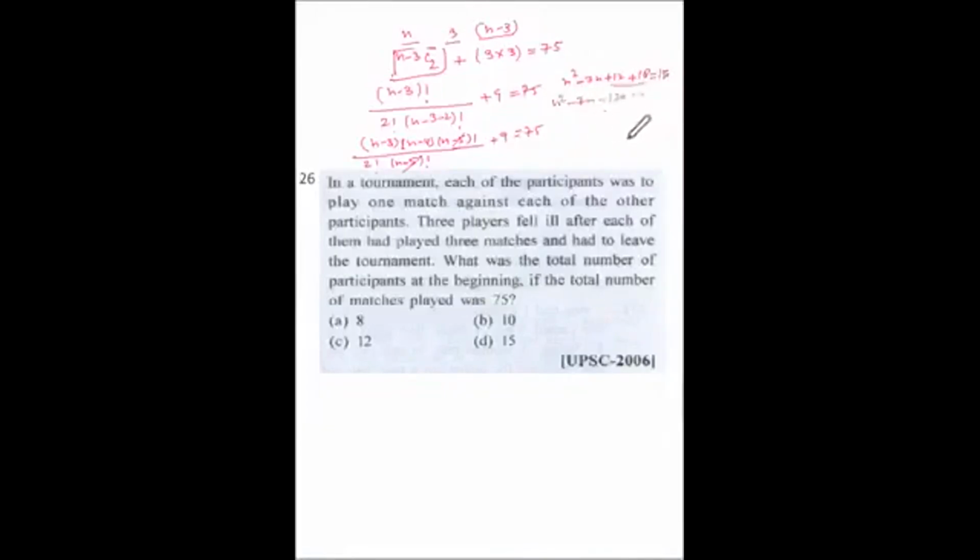So 15 into 8, and 15 minus 8 is 7, so n square minus 15n plus 8n minus 120 is equal to 0, so n minus 15 into n plus 8 is equal to 0. From here we get n is equal to 15 and n is equal to minus 8. So this is not possible. So we have n is equal to 15. So D is the answer.